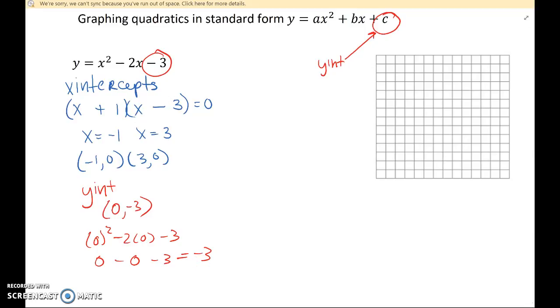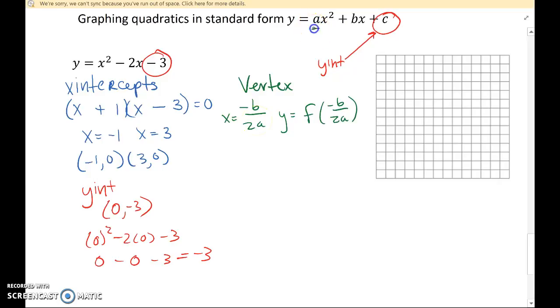Also, the next point we want to find is our vertex. The vertex uses a formula, the opposite of b over 2 times a. Now this gives us the x of the vertex, and the y of our vertex is f of negative b over 2a, which simply means for us to figure out what the x is and then plug it back into our equation.